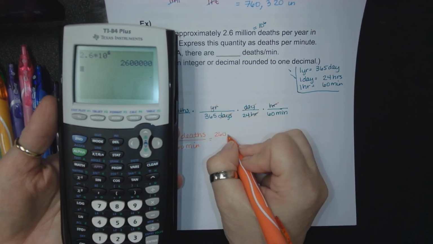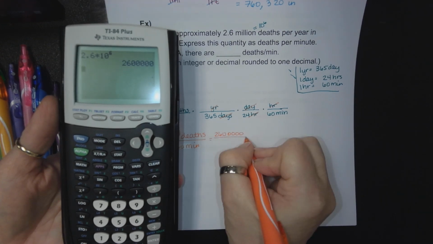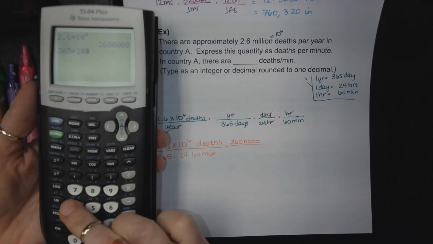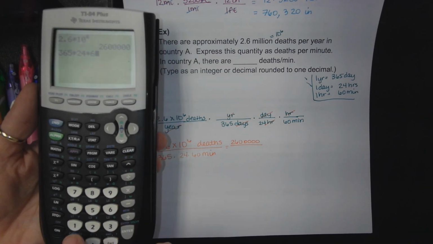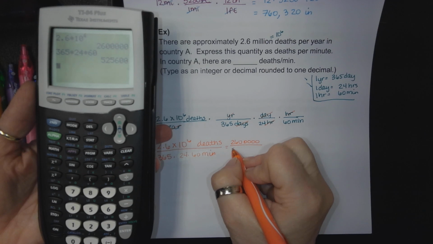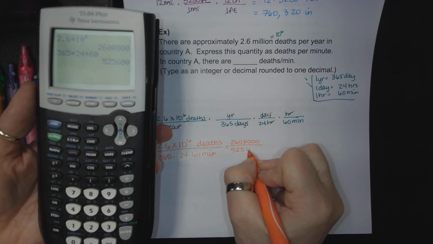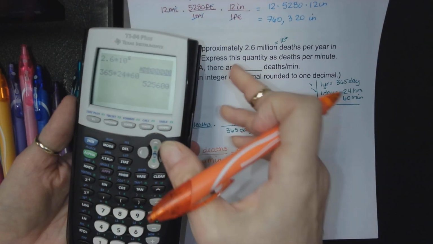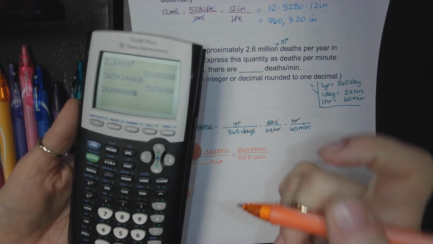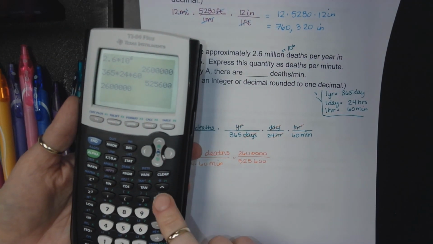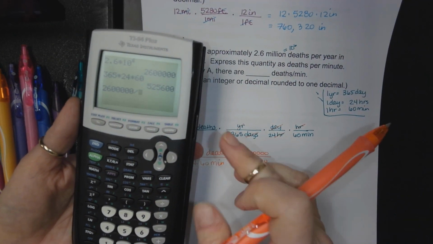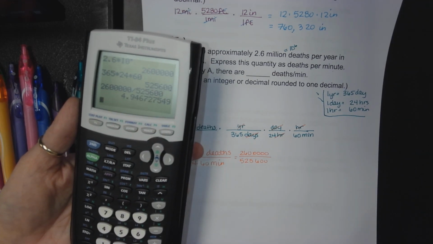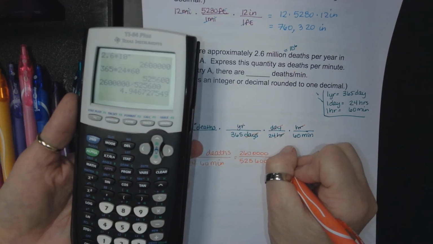All over 365 times 24 times 60. It's all going to be over 525,600. Now, how I usually do this is I arrow up, and once you're on that, you can hit enter, and it brings it down and makes it active again. And then you can hit divide, and then go up here and hit enter, and it brings it down and makes it active, and you can hit enter again, and then it gives you your answer.